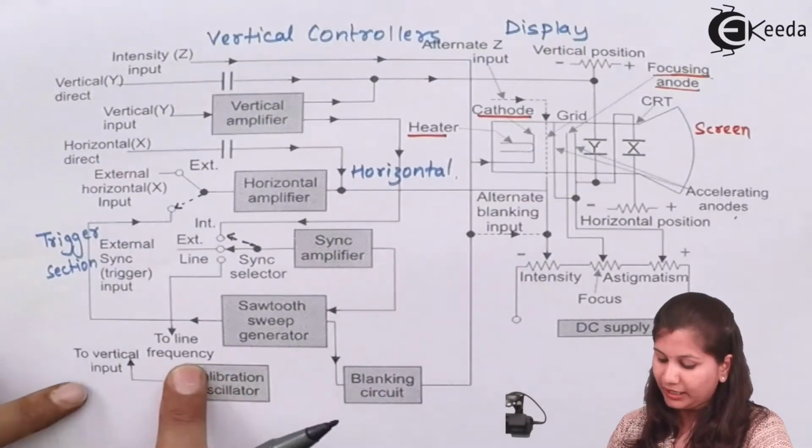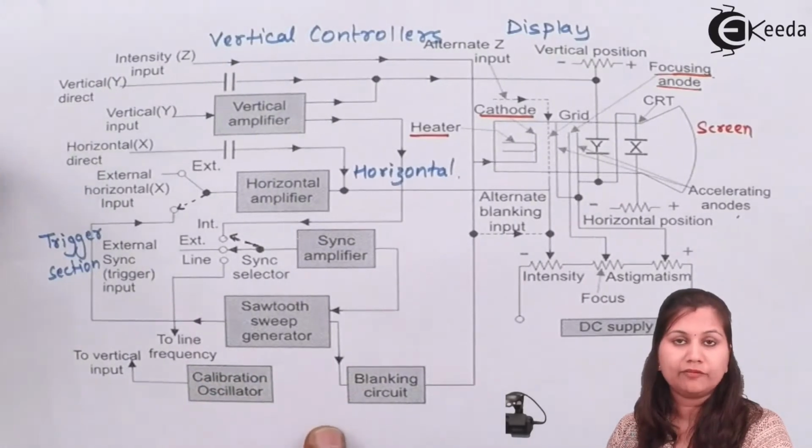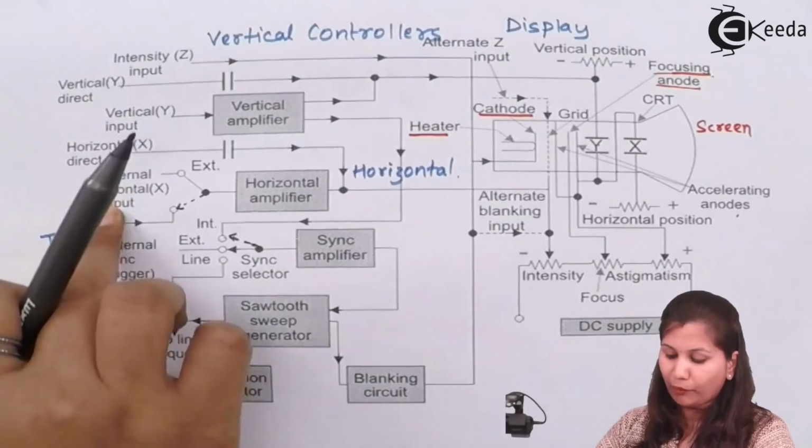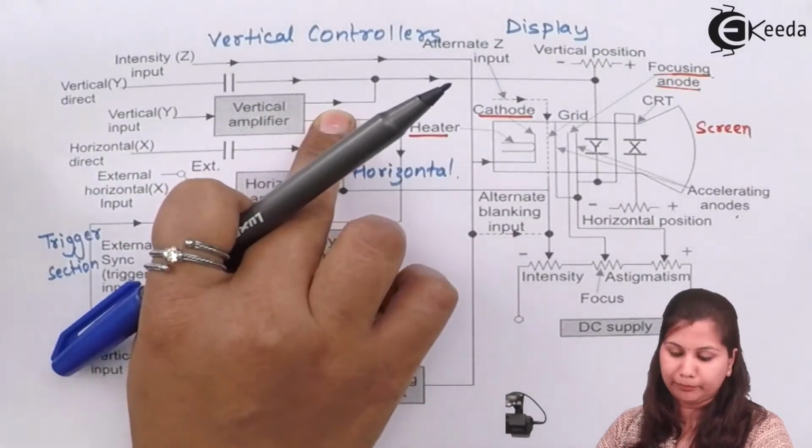Here we have a calibration oscillator which provides the standard square waveform, and this is provided to the vertical input.